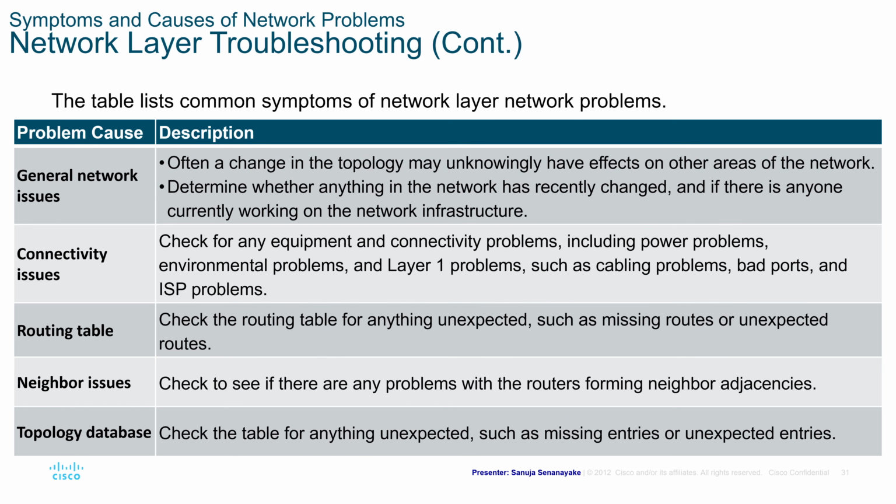Another item the network layer could have is general network issues. Often a change in the topology may unknowingly have effects on other areas of the network. You should determine whether anything in the network has recently changed, and whether anyone is currently working on the network infrastructure, so that you can troubleshoot it.